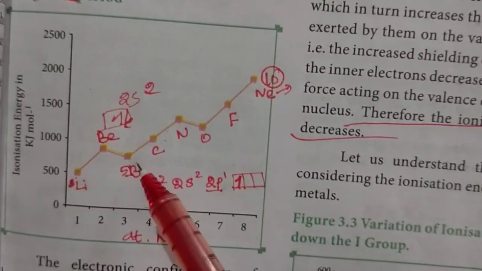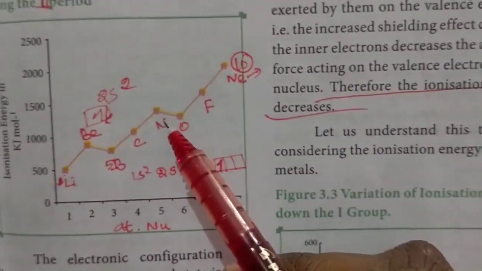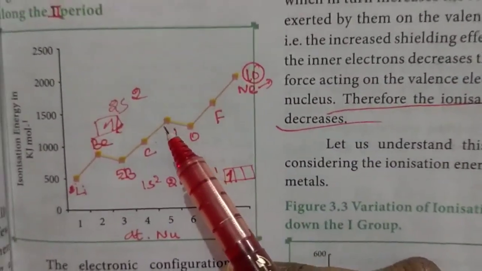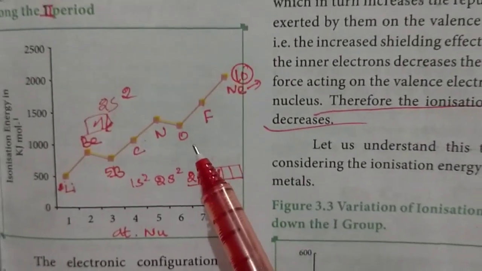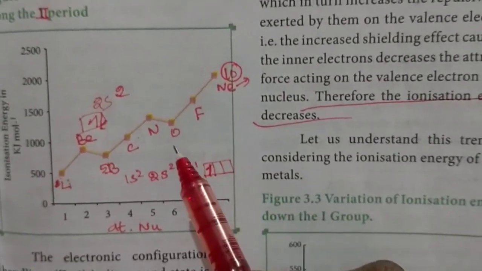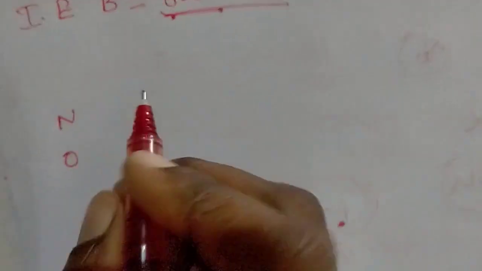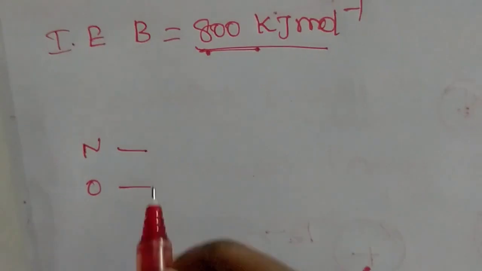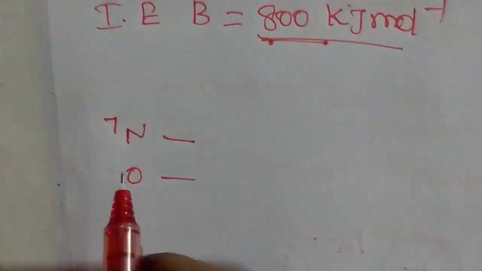As with beryllium and boron, the ionization energy being higher in nitrogen than oxygen is explained with the stability of orbitals, with the electronic configuration we explained here. Okay, so we have another exception, that is nitrogen and oxygen. What is the atomic number of nitrogen? It is 7.